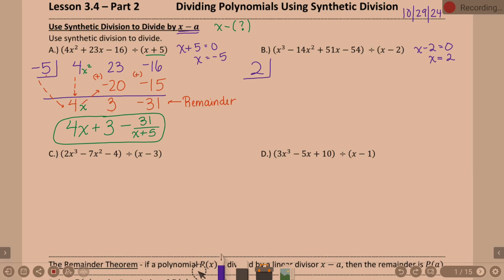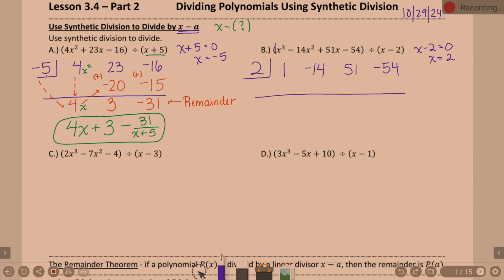Okay, row of numbers. What's my row of numbers here? First coefficient is an invisible 1 in front of the x cubed. In front of the x squared is negative 14. In front of the x is 51. And the constant is negative 54.